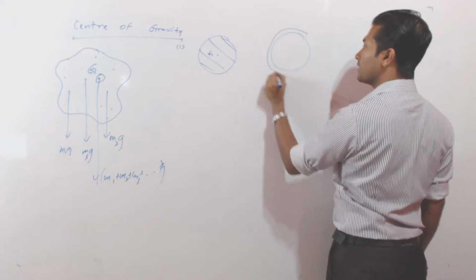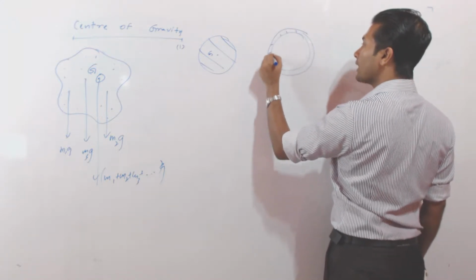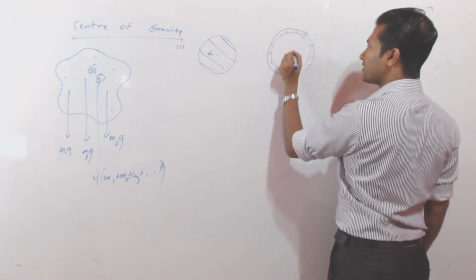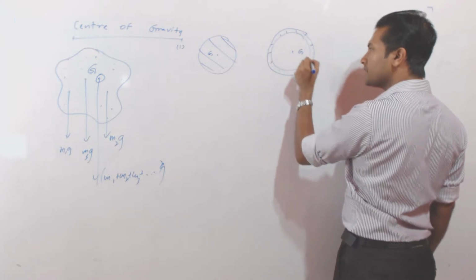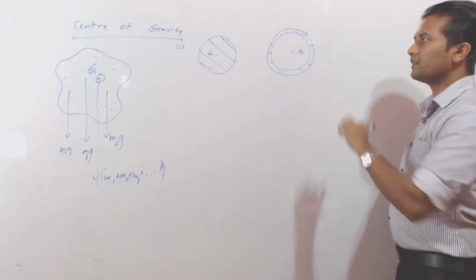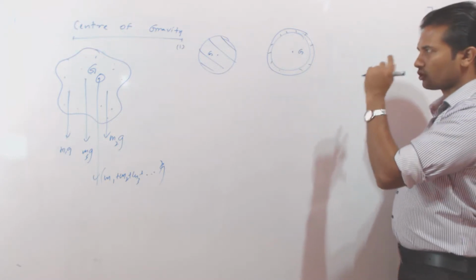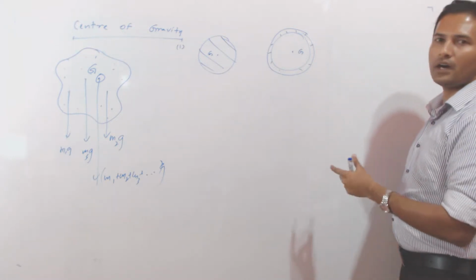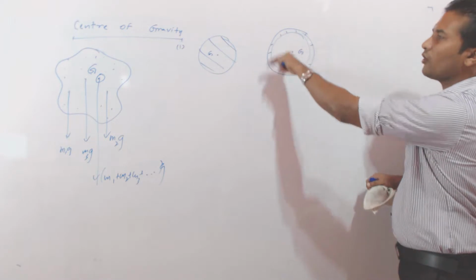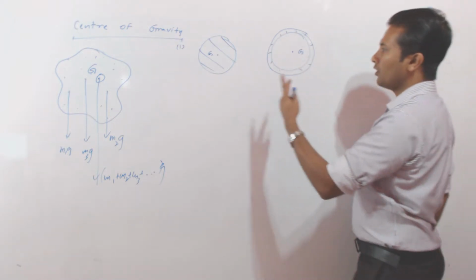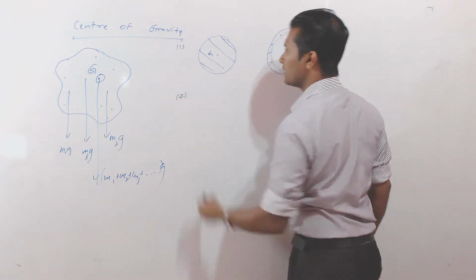But when considering a ring, what happens? The center of gravity is at the center, but it is not on the material the ring occupies.